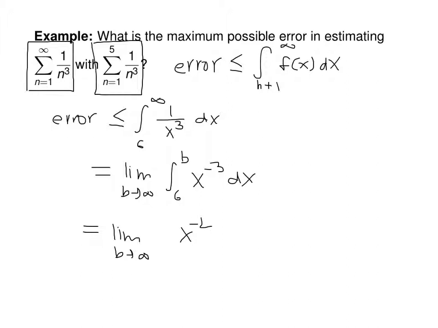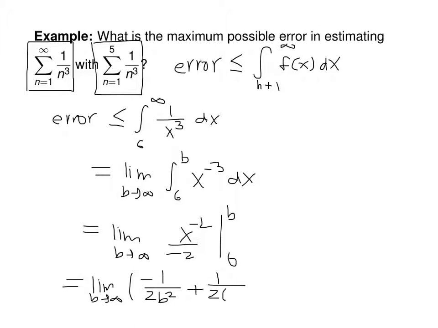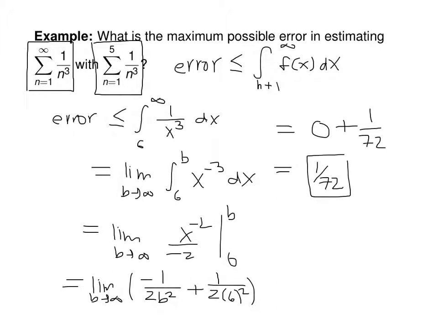It's x to the negative 2 over negative 2, evaluated from 6 to b, which will be the limit as b goes to infinity, negative 1 over 2b squared plus 1 over 2 times 6 squared, which will be 0 plus 1 over 72. So the error is less than or equal to 1/72. That doesn't mean that's the actual error; this is the absolute worst case scenario. The error could actually be smaller than this, but this is the worst it's going to be.